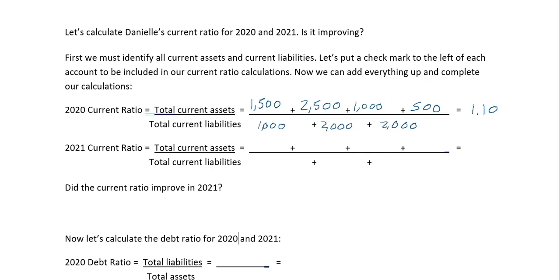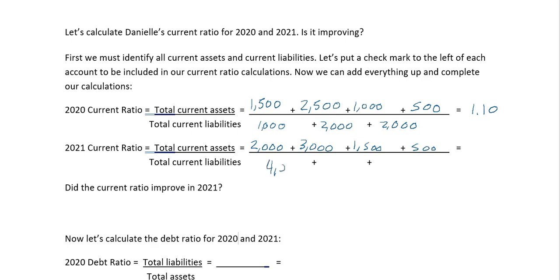Looking at 2021, going through the same current assets mentioned above, we have 2,000, 3,000, 1,500, and 500. Down at the bottom, again, nothing has changed.